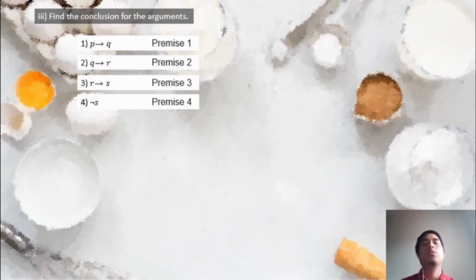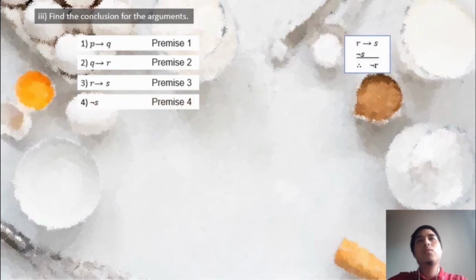So now we need to find the conclusion for this argument. First, we take all of the previous premises. Then we choose the third one and the fourth one, and with these rules of inference, we can use modus tollens.